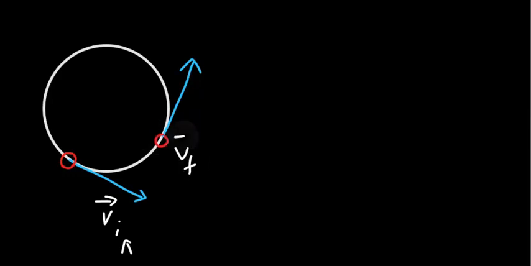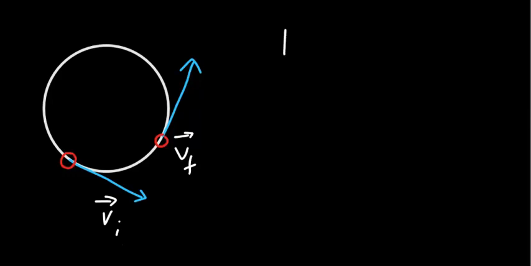The first position is that, the second position is that. So when the object is here, its velocity is, let's say, vi, I for initial, and when the object is there, the velocity there is vf as for final.